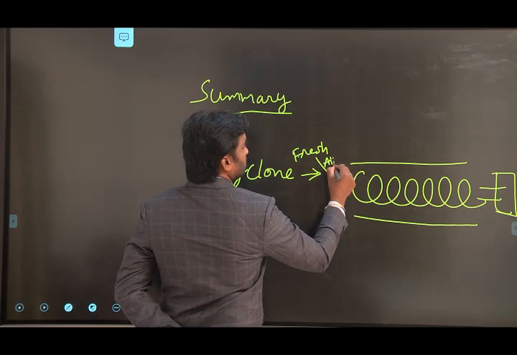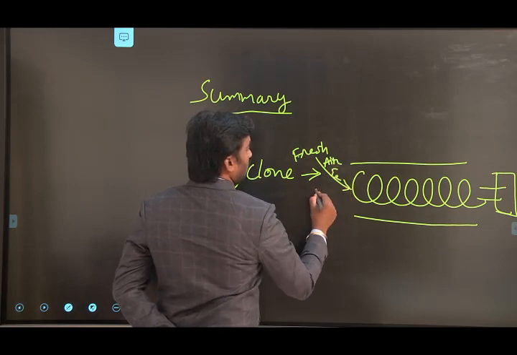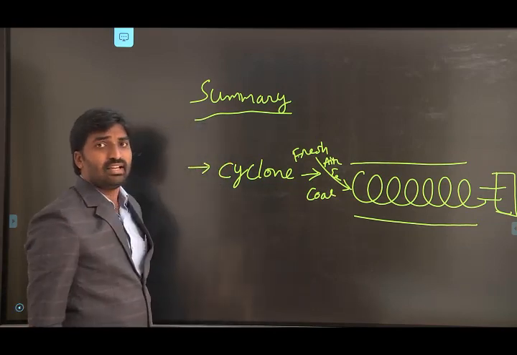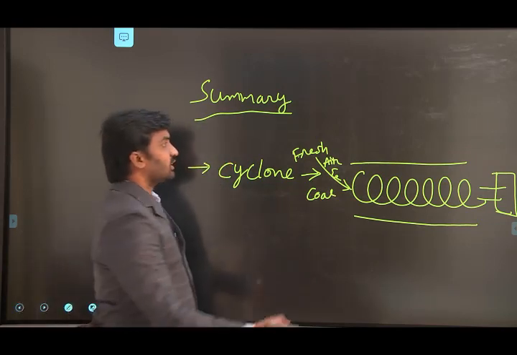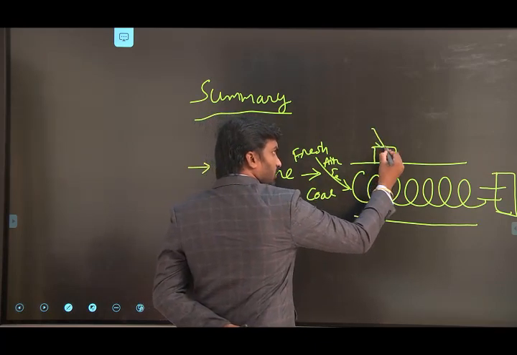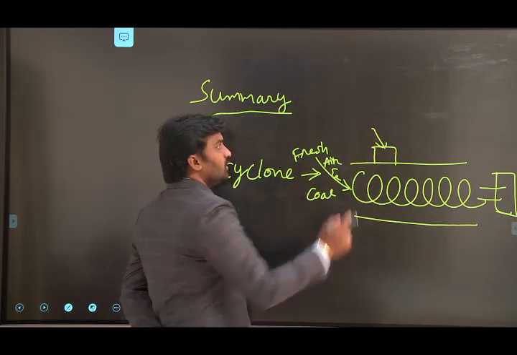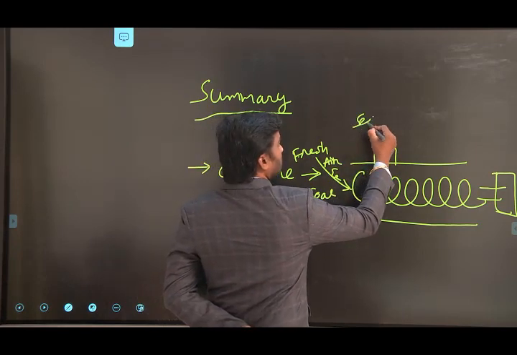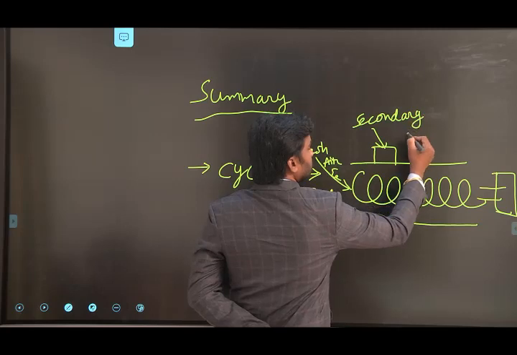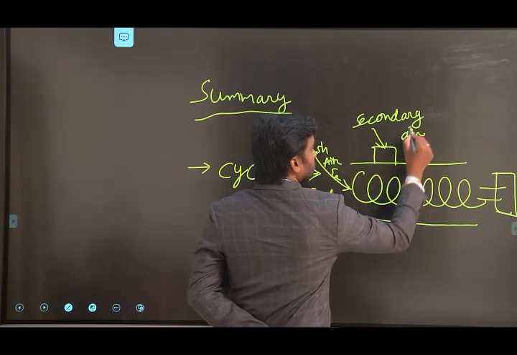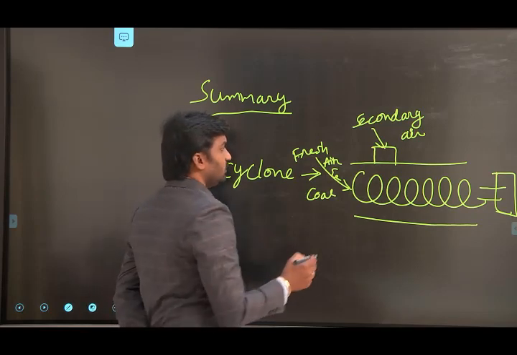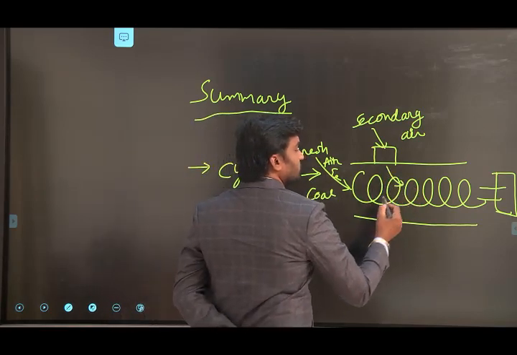for the combustion process, along with the coal, and the secondary air is injected at a second point. So this is the secondary air point, where the secondary air is injected tangentially.